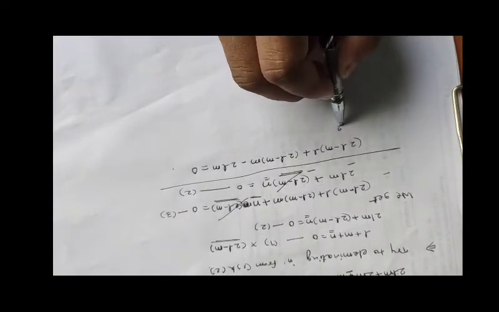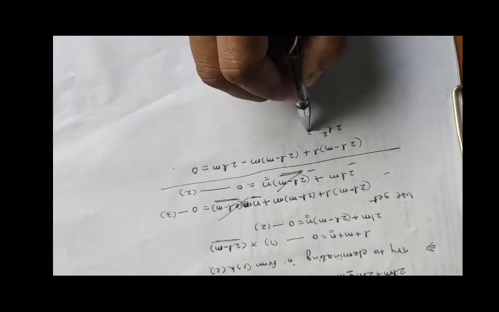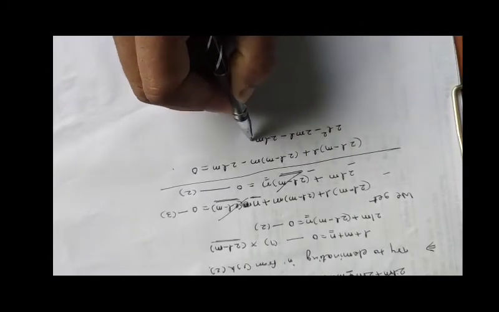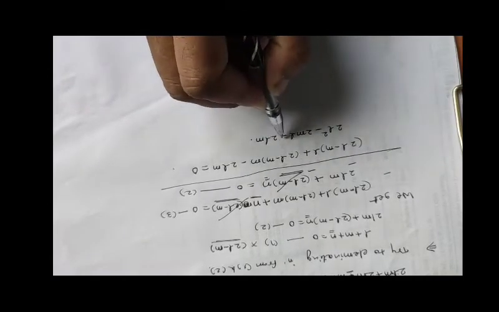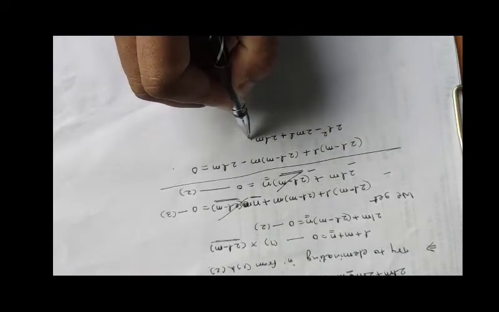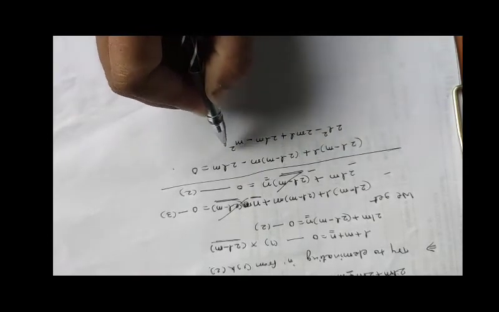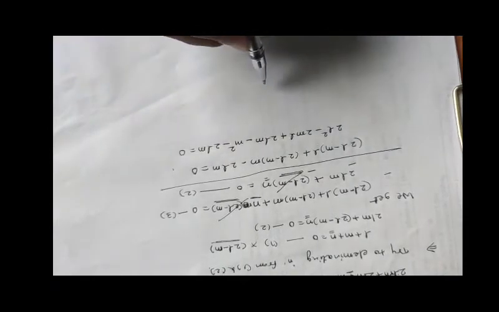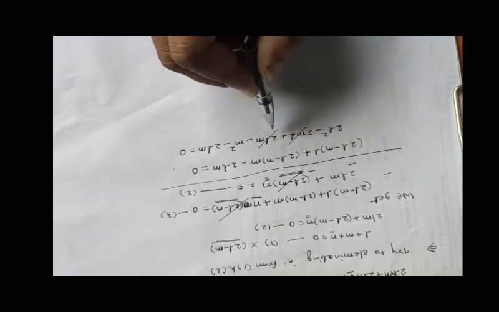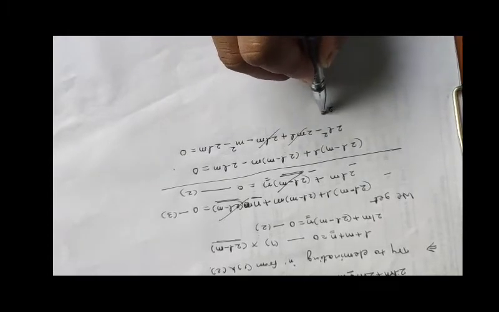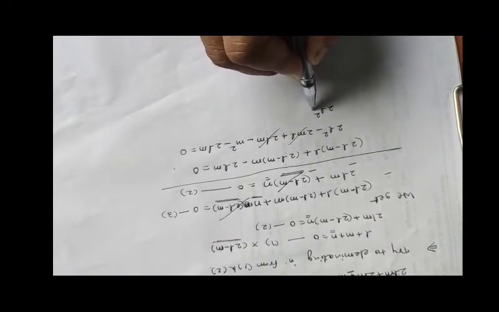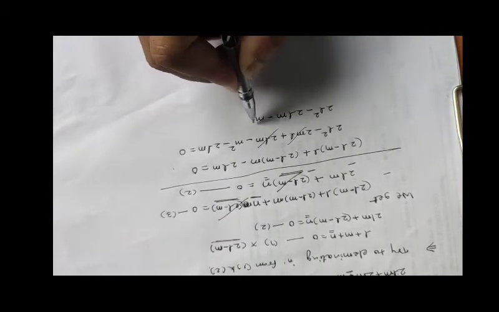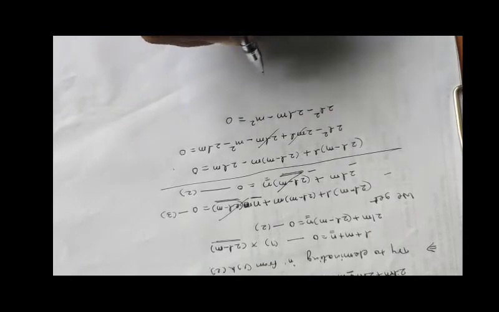So solving this equation, we get 2l square minus 2ml minus 2lm plus 2ml minus m square minus 2lm equal to 0. So cancelling 2ml and minus 2lm, we get 2l square minus 2lm minus m square equal to 0.